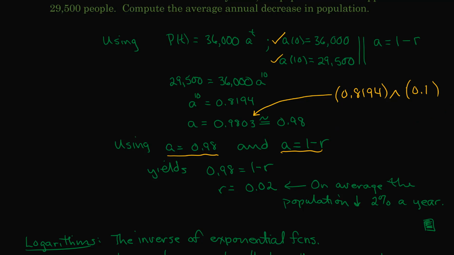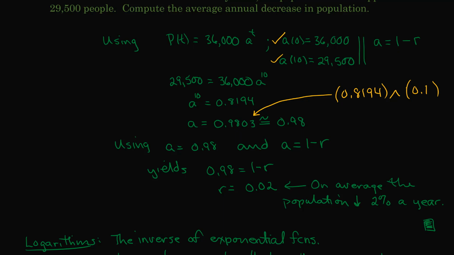Taking these two different definitions for a, I can combine them, the 0.98 and the 1 minus r, and I can solve for r. We can set these equal to one another because both of them are equal to a. There are two different ways to write a, so I set them equal to one another. Solving for r, we get that r is equal to 0.02.